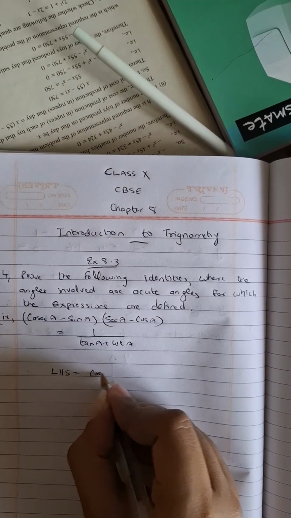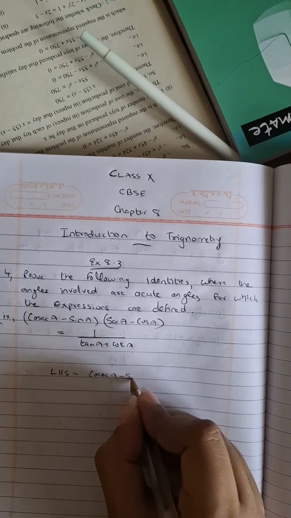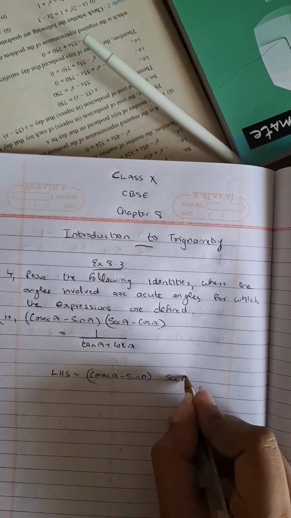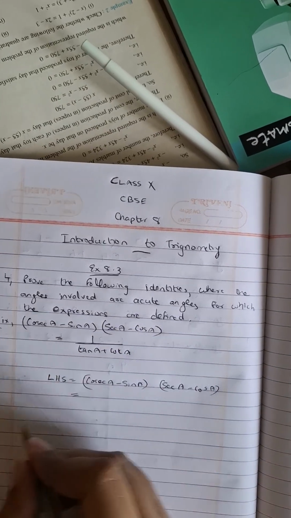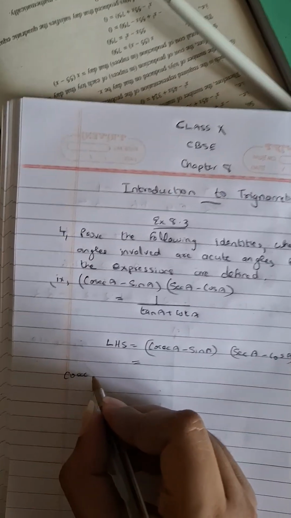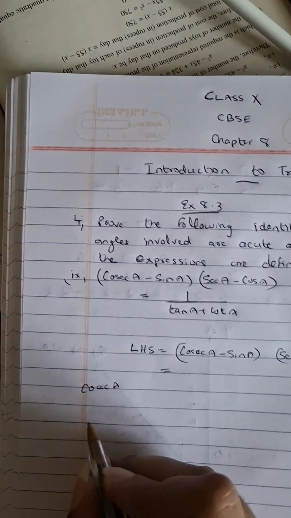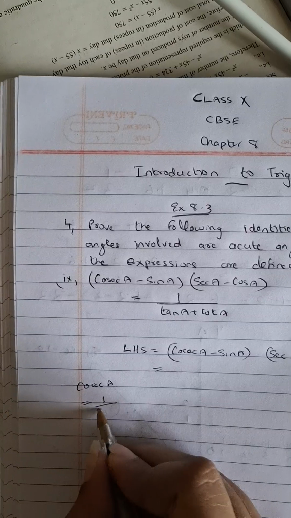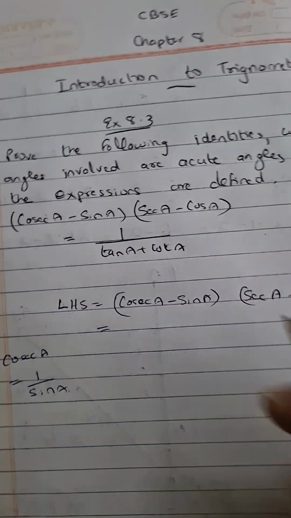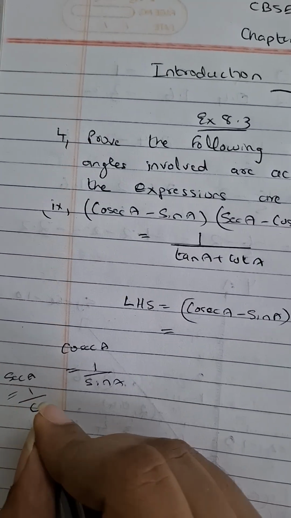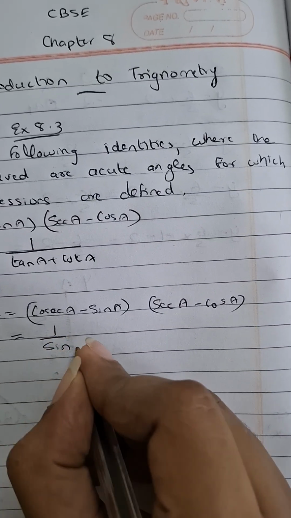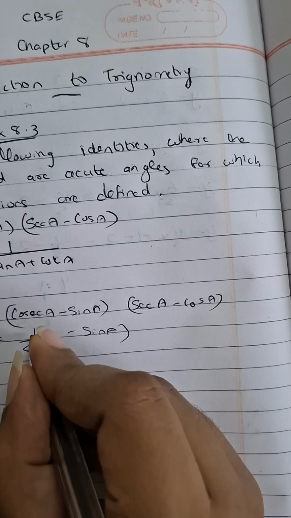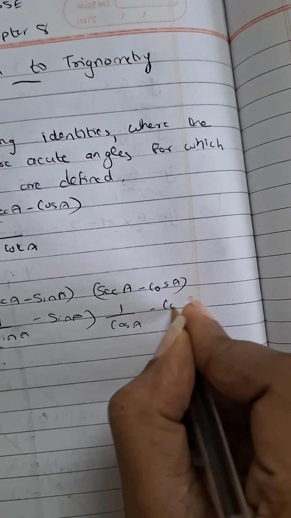LHS is equal to (cosec A minus sin A)(sec A minus cos A). So, we know cosec A is equal to 1 by sin A and sec A is equal to 1 by cos A. So, let's substitute: (1 by sin A minus sin A) into (1 by cos A minus cos A).